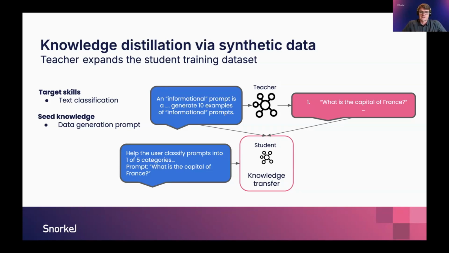The teacher model, since it's a generative model, can generate representative examples of this class that you provide to the student. The student takes as input the classification prompt we saw from the earlier example, and the output should be the informational prompt that was used to generate this data.